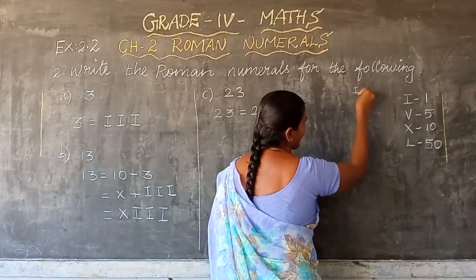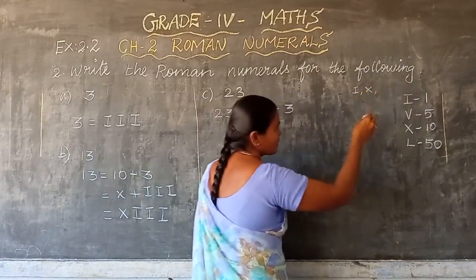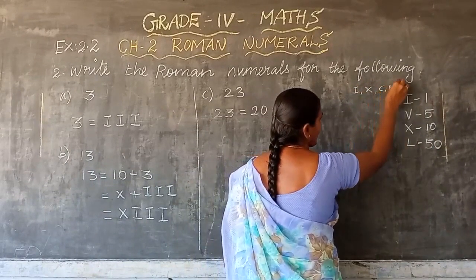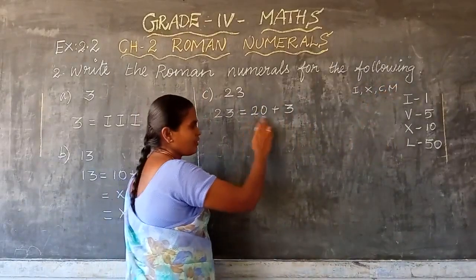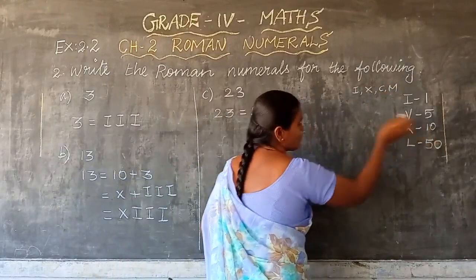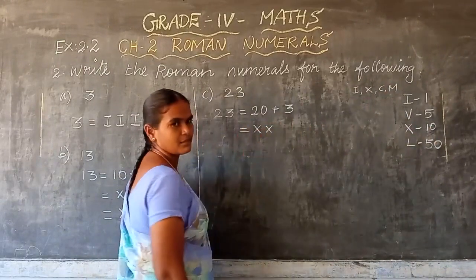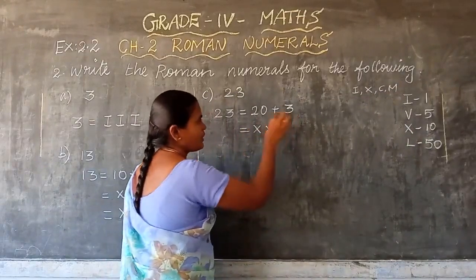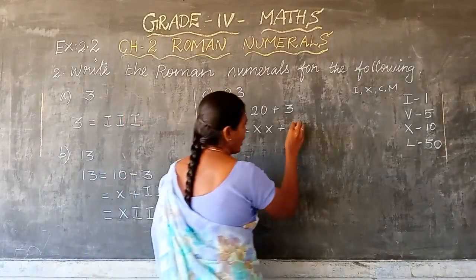Then I, X, C, M repeated maximum 3 times. So 20 means X is repeated 2 times. So XX plus 3. 3 means I is repeated 3 times. III.